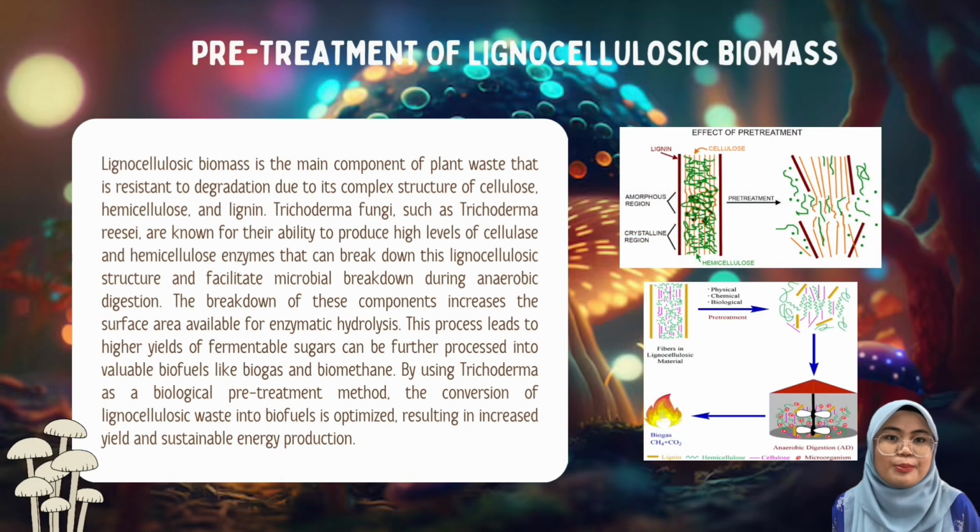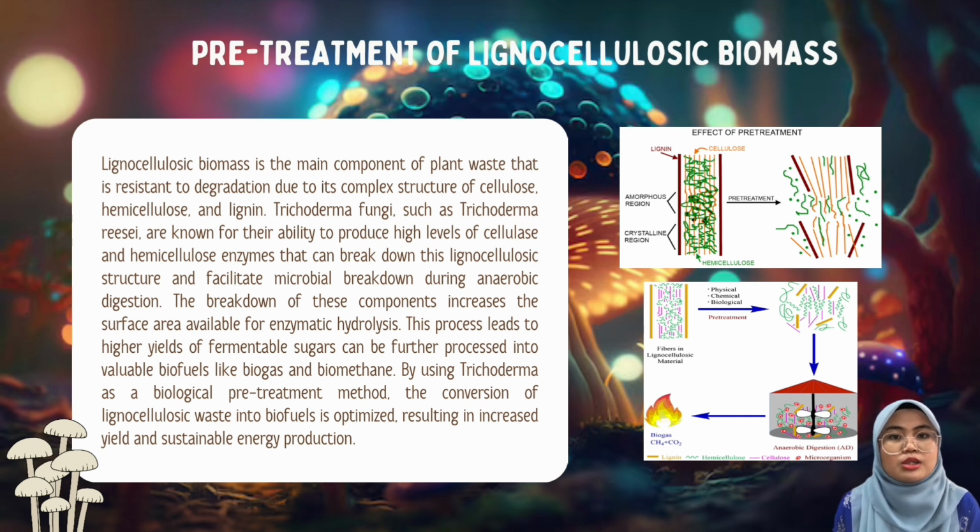I will explain the application of fungal energy production, which is pre-treatment of lignocellulosic biomass. Lignocellulosic biomass is the main component of plant waste that is resistant to degradation due to its complex structure of cellulose, hemicellulose, and lignin. Trichoderma fungi are known for their ability to produce high levels of cellulase and hemicellulase enzymes that can break down this lignocellulosic structure and facilitate microbial breakdown during anaerobic digestion.